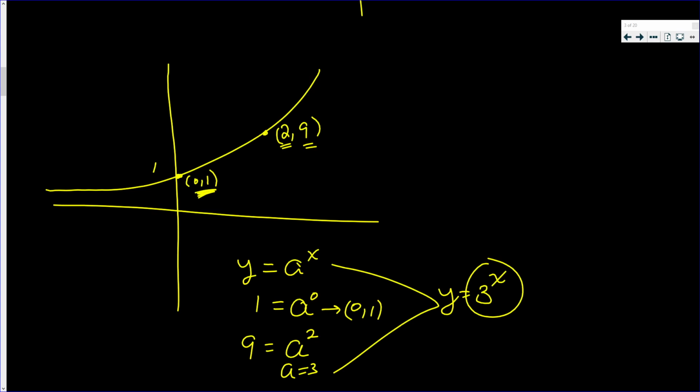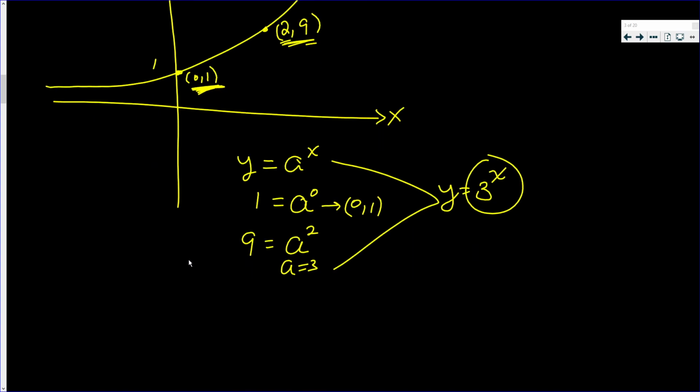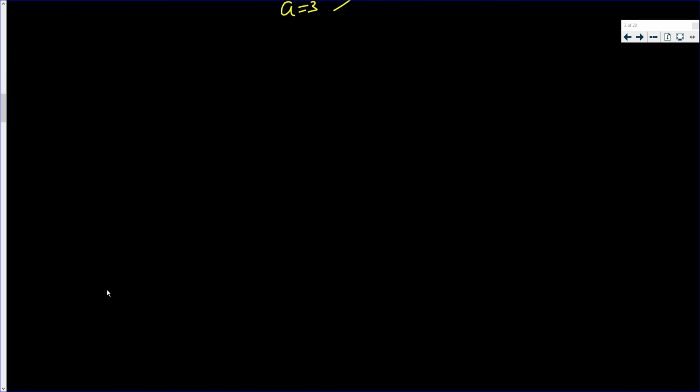And when x is 2, y is 9. It's real easy to figure out if you're given 0, 1 and some other point, because 0, 1 is going to satisfy for any a value.